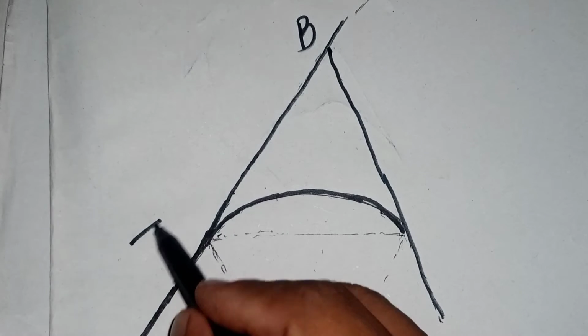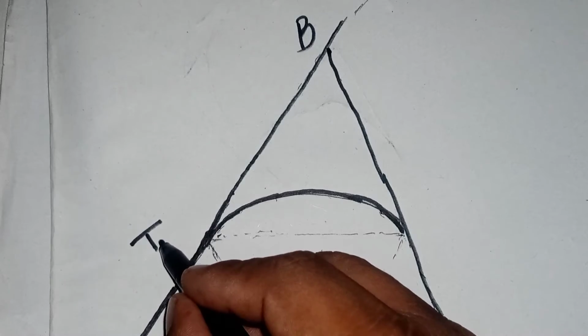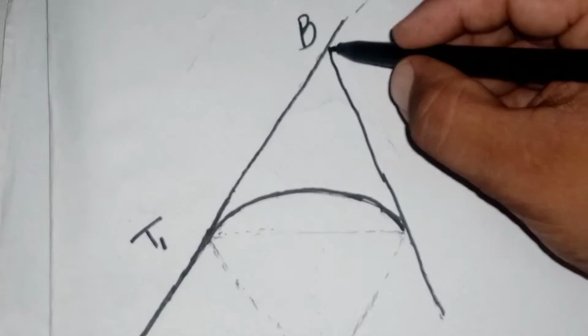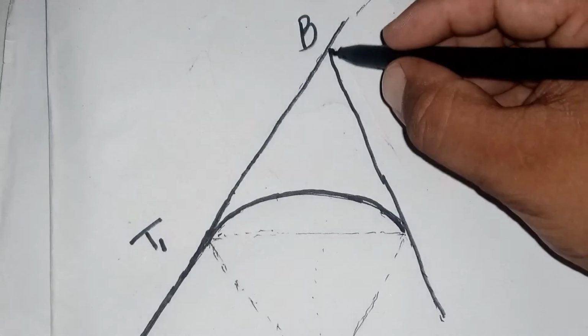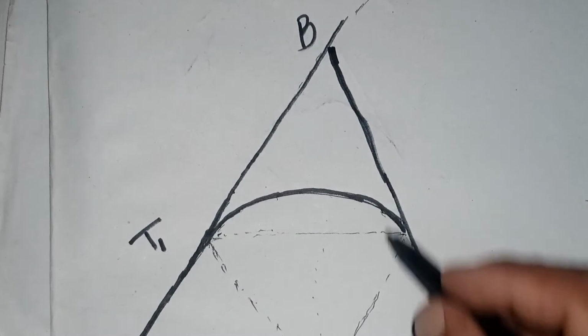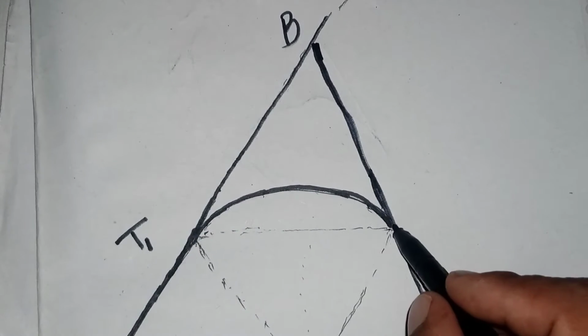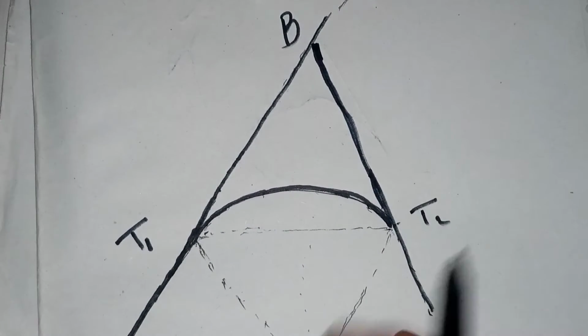This point, which is the starting point, is known as tangent point 1. And this is the other tangent line that touches the curve; where it touches the curve, this point is called tangent point 2.